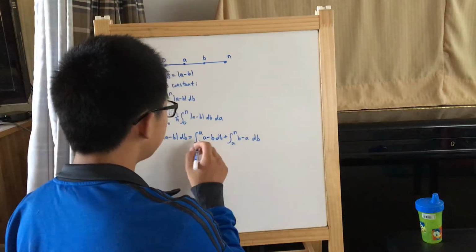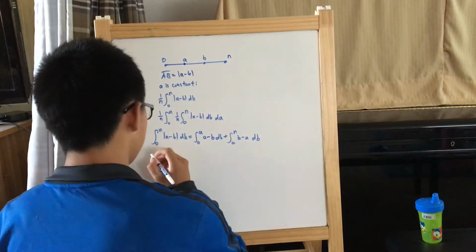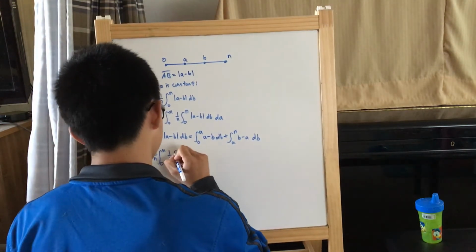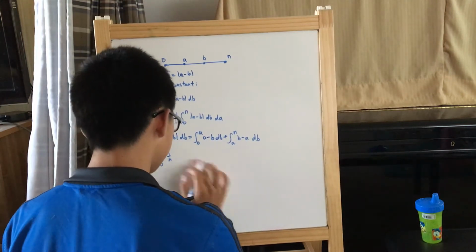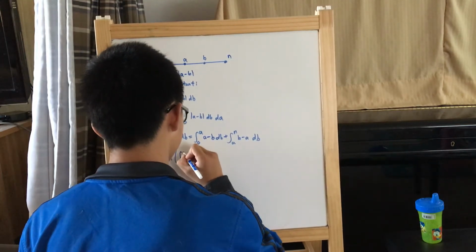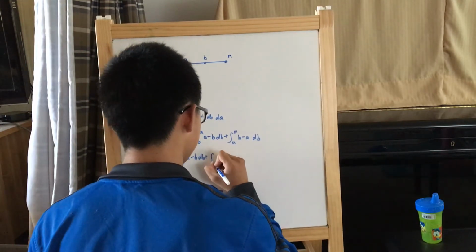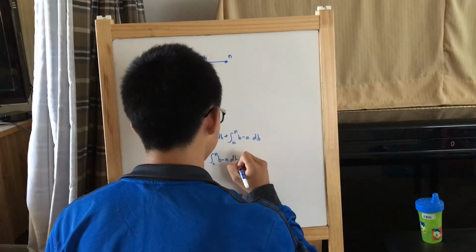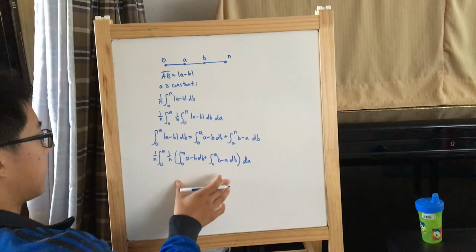So then you would just take this expression, put it back in here. That would look like the integral of A minus B dB plus the integral to n of B minus A dB dA. That would just look like this.